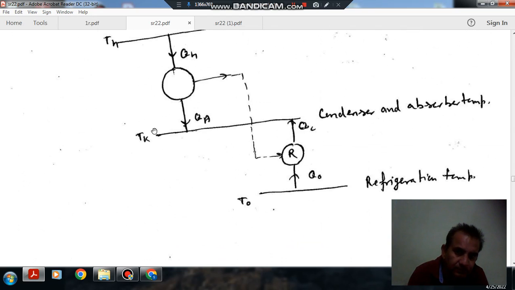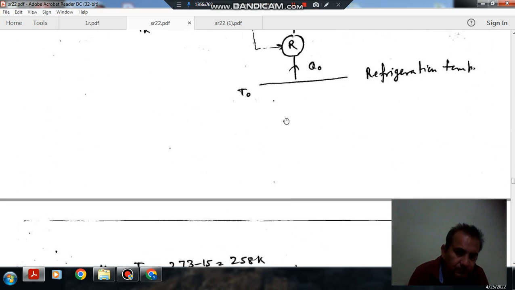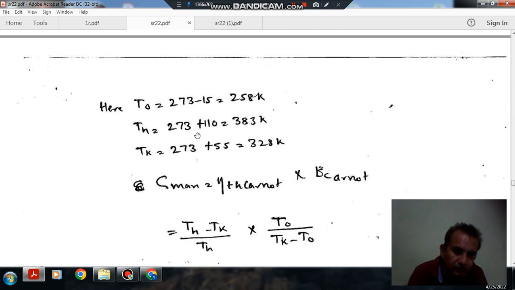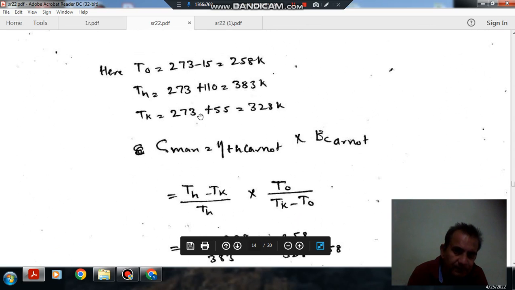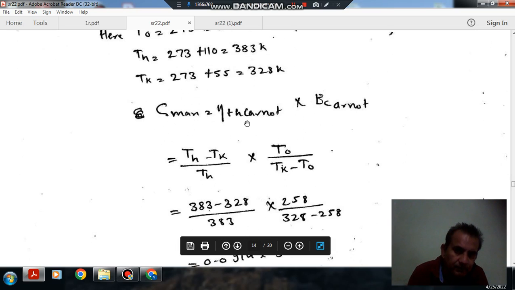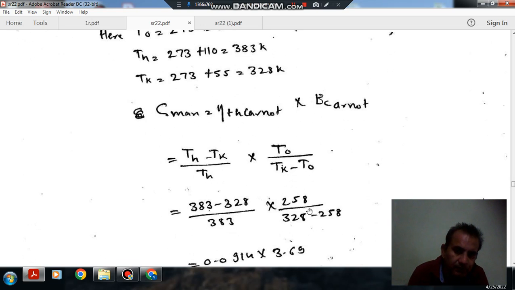We know that in the absorption cycle the maximum COP is the efficiency of the Carnot engine operating between these temperatures, multiplied by the COP of the Carnot refrigerator. So the efficiency of the Carnot engine is TH minus TK divided by TH, that is 383 minus 328 by 383, and the COP of Carnot is 258 divided by 328 minus 258.